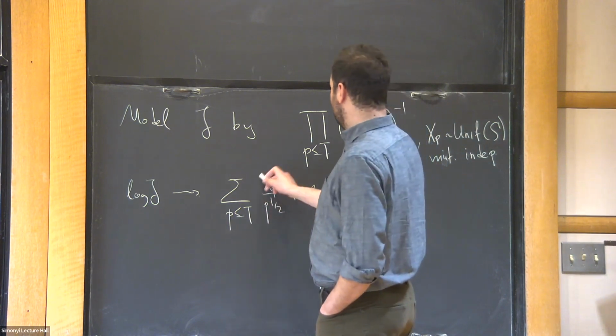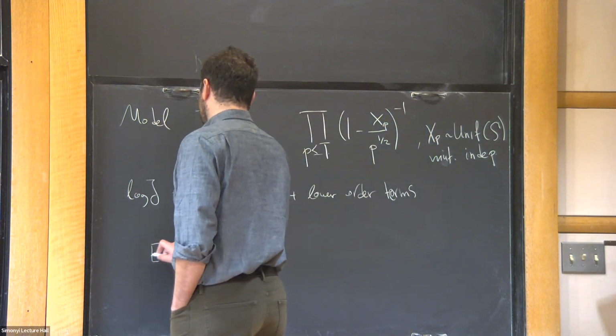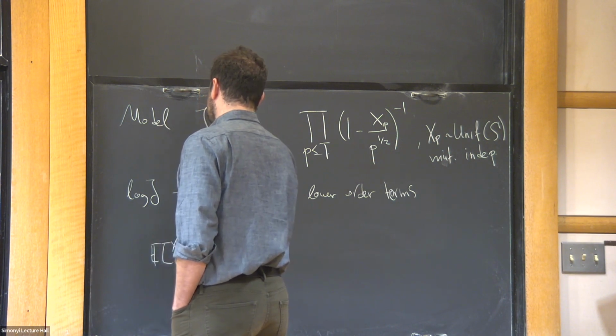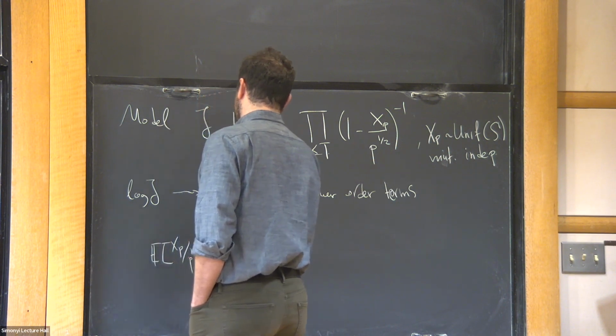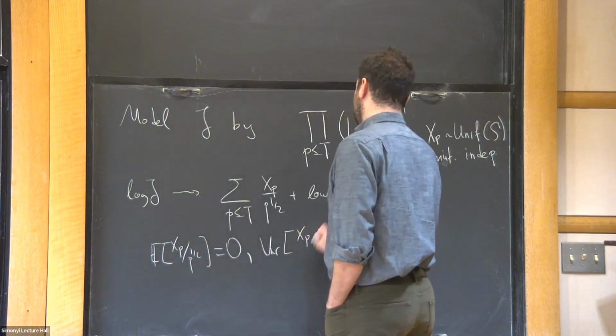And what do I know about these coefficients? These are random variables. Well, I know that they have mean 0 and they have variance 1 over p.